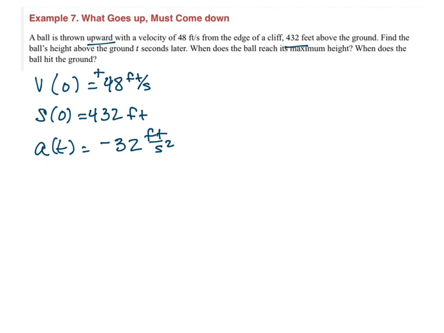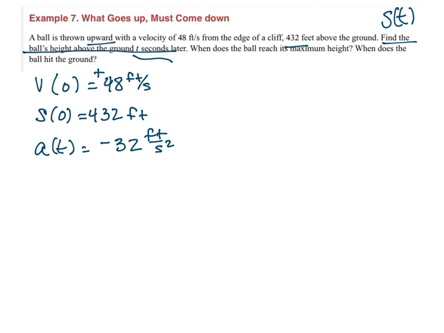So what does that mean? We need a function for position at any time t. It's not specific. Find the height above ground t seconds later. That's saying find S of t. Get a function for position.